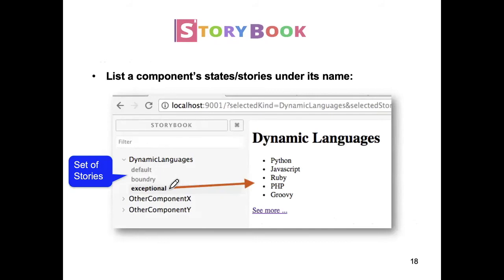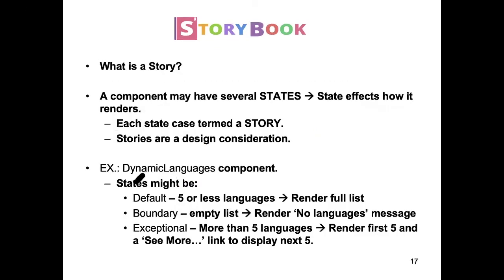The names you give to the stories are completely arbitrary. Obviously, you give them some sort of meaningful name. And if I go back to the previous slide, default, boundary, and exceptional are arguably meaningful. Boundary, as in, if it gets 0 languages, then that's a boundary condition, but we still want our component to be able to deal with that.